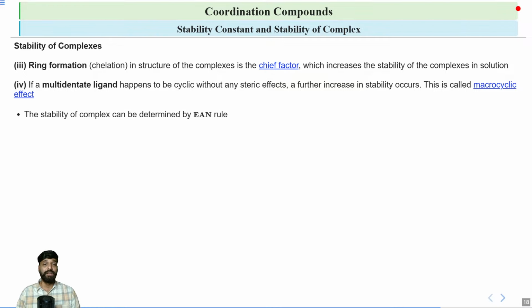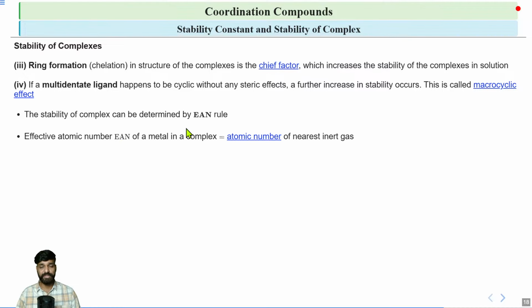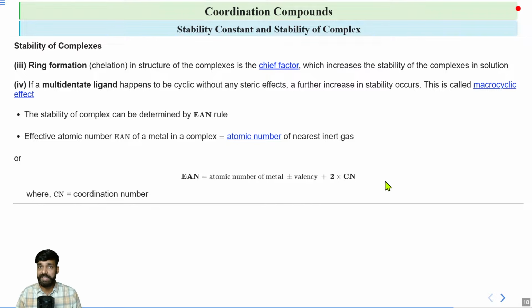Now, lastly, there is a small formula to calculate the stability of a complex, which is known as the effective atomic number. Now, how can you calculate it? It's very simple. The formula is given as the atomic number of the metal minus the number of electrons removed, plus 2 multiplied by CN, the coordination number, because each ligand contributes 2 electrons.